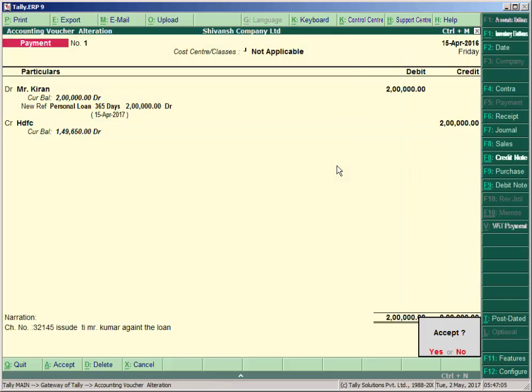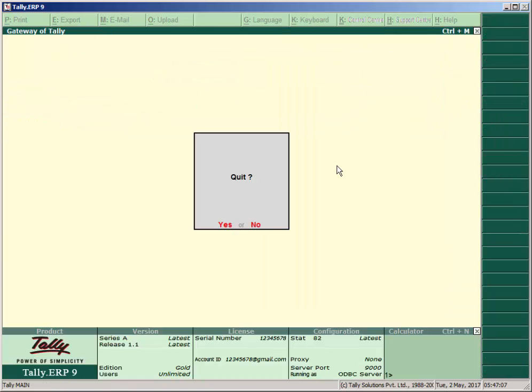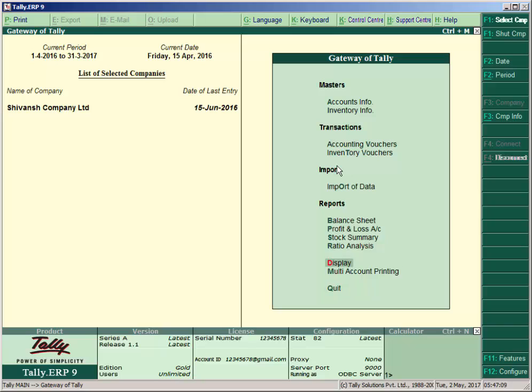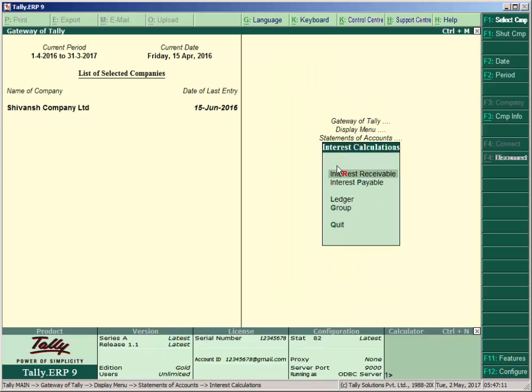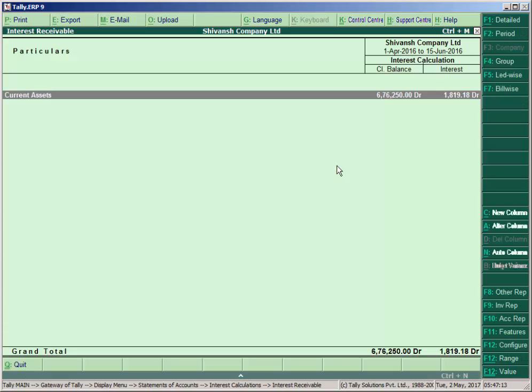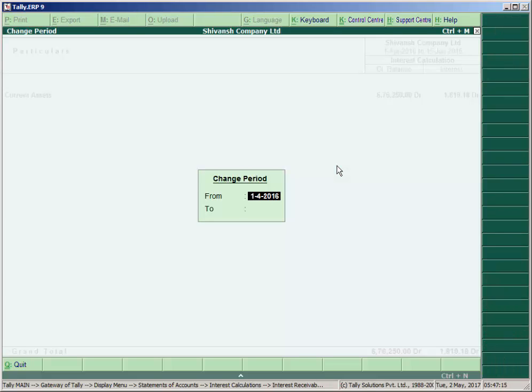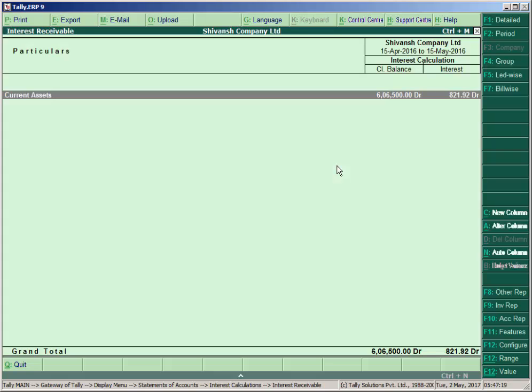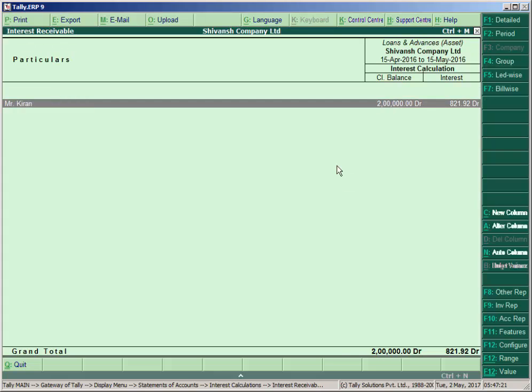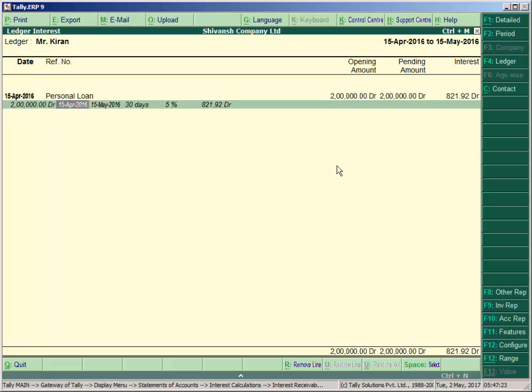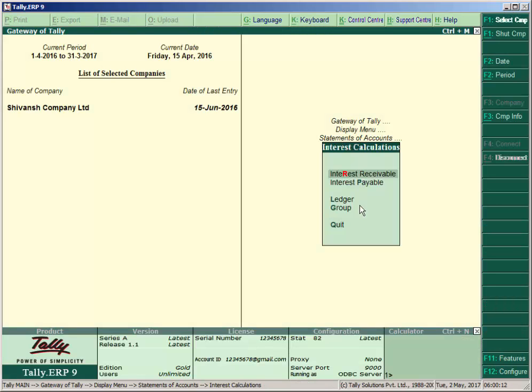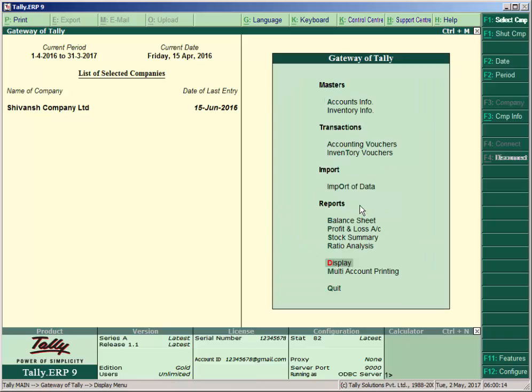The date is most important here, and accept. Then display statements of account, interest calculation, and interest receivable is here. Enter the date 15th April and 15th May for calculating 1 month interest. You see here 821.92 interest is calculated for 30 days.